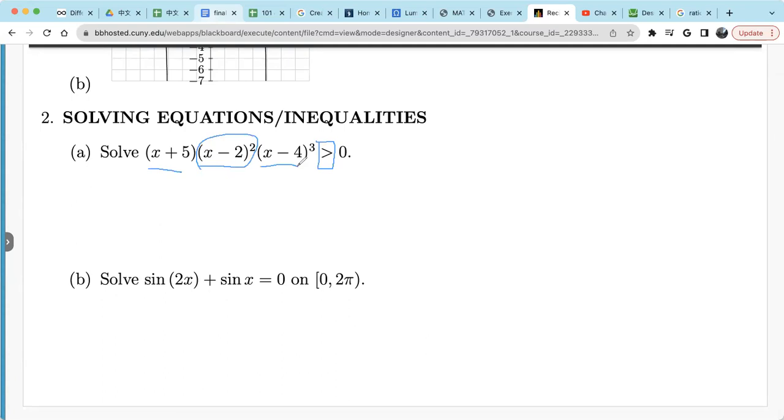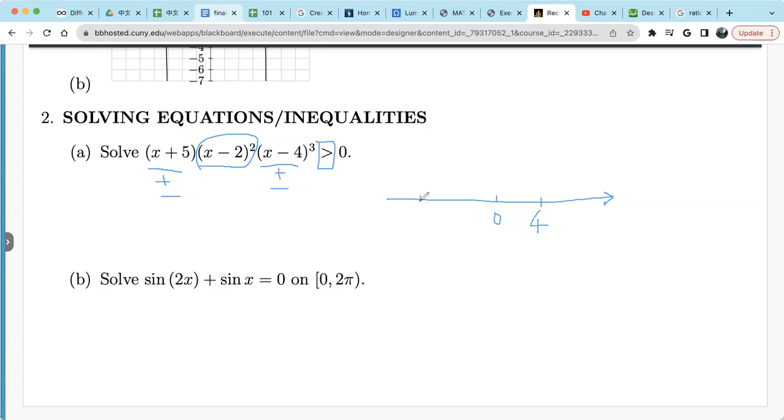x minus 4 cubed, we can treat it as x minus 4 raised to 1, right? Because 1 is odd, cube is odd, they're both odd. And all we have to consider is the signs. So plus, plus, or minus, minus. Or we draw a real number line. We mark 0 somewhere. We mark 4, because we have x minus 4.